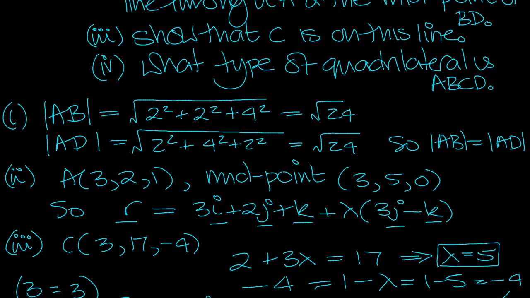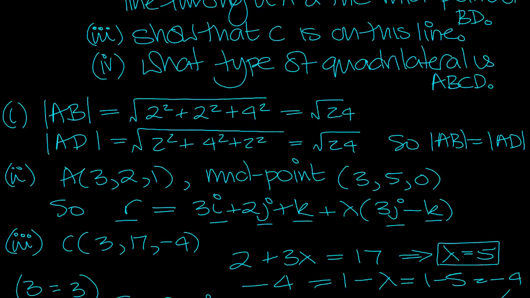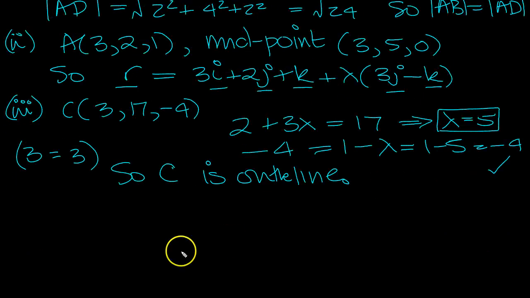What type of quadrilateral is ABCD? Okay, so you've got A, B, AD, AB, C, D. So AD was the same, wasn't it? And these two were the same distance.